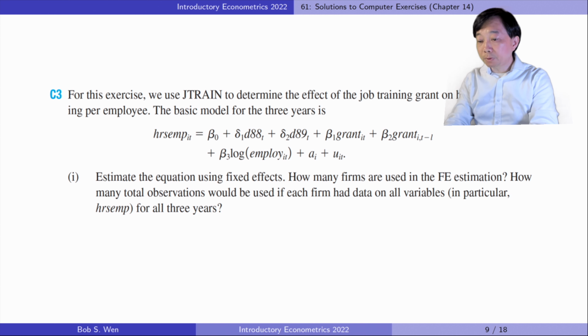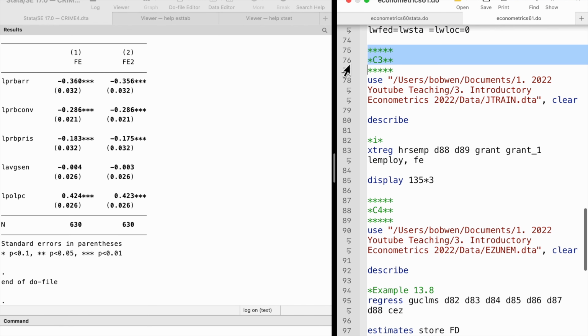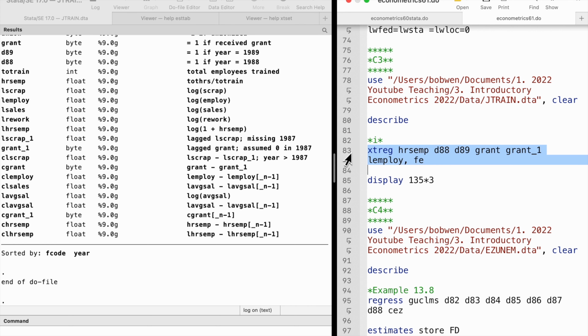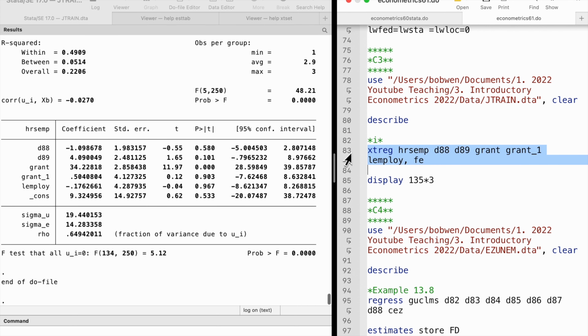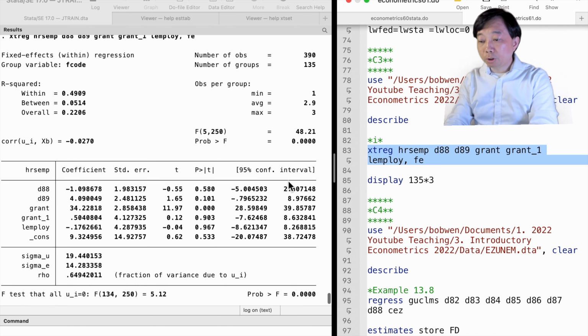How many firms are used in the fixed effects estimation? How many total observations would be used if each firm had data on all variables for all 3 years? We use 390 observations in the fixed effects estimation.